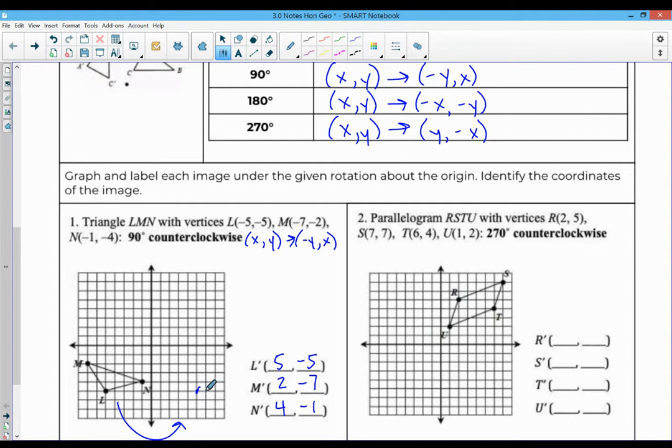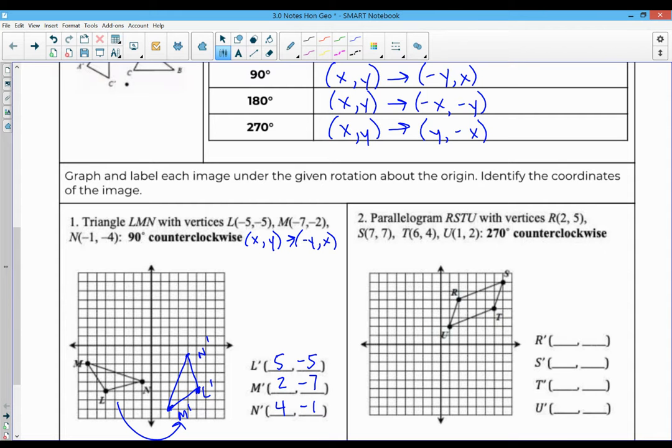That's L prime, M prime, and then N prime. So this is my image. This was my pre-image, and I just spun it around the origin 90 degrees.